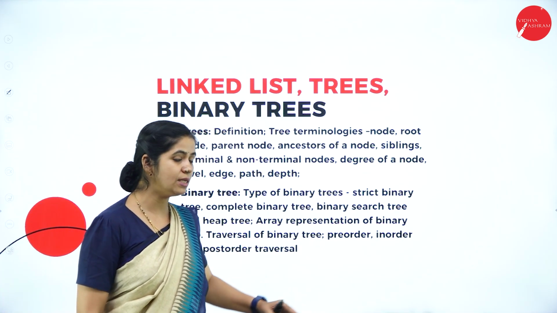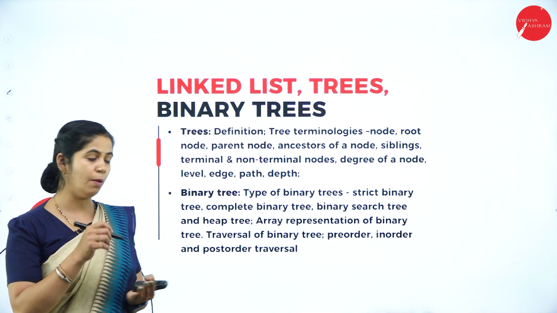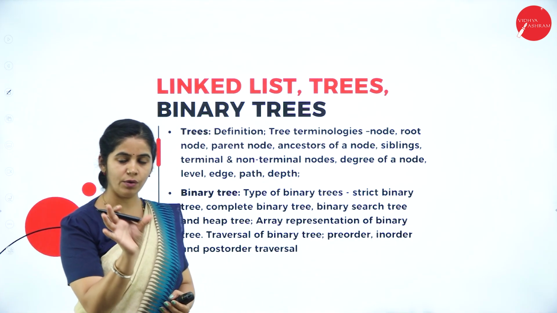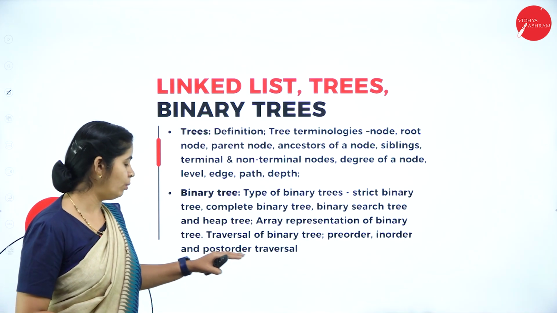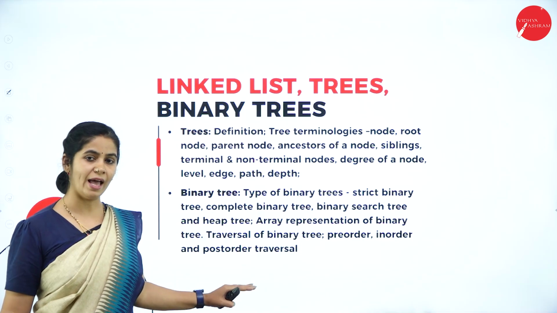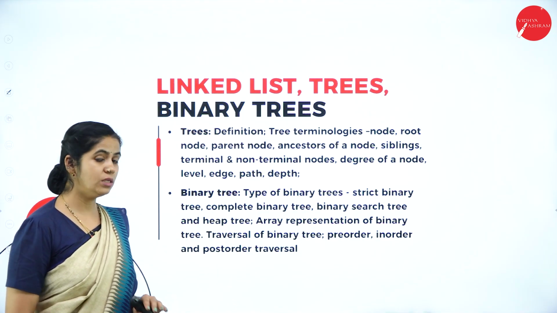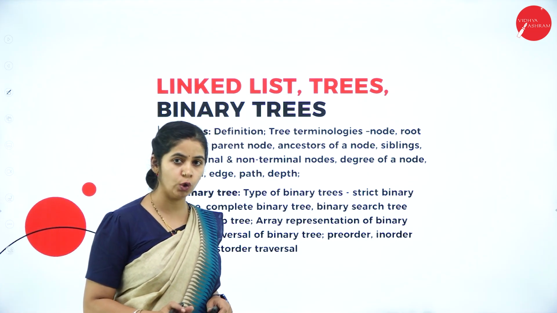Pre-order means the operator will come first, in-order means the operator will come in between, and post-order means the operator will come at the end. How we are going to traverse and execute that particular expression using a tree. This all we are going to study in unit 3.